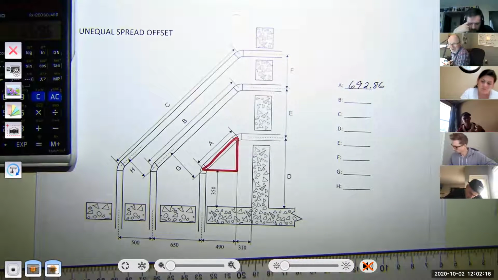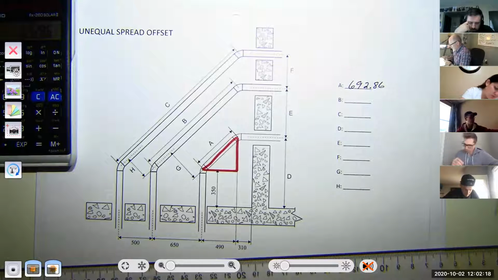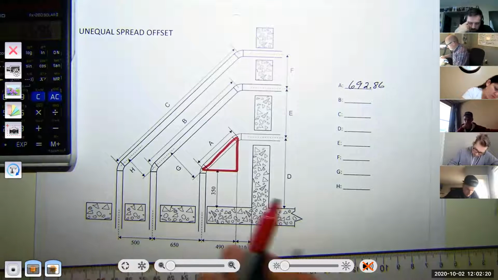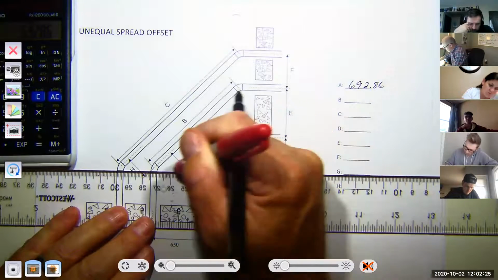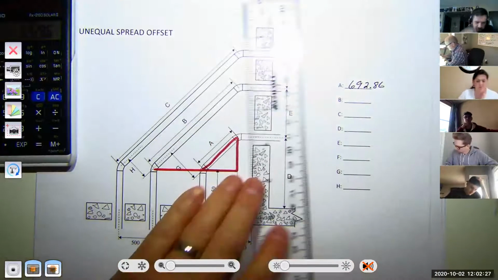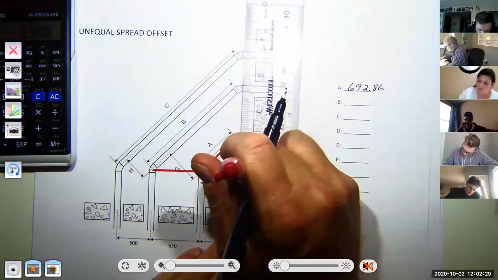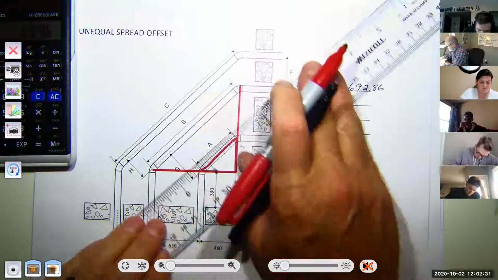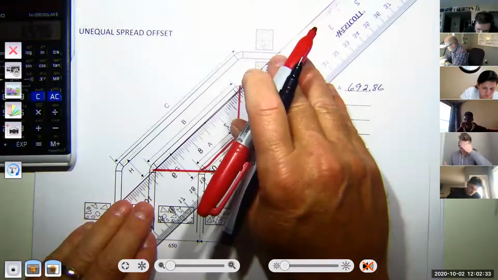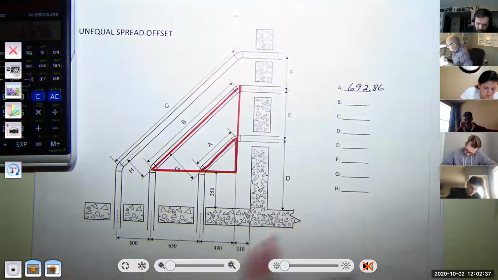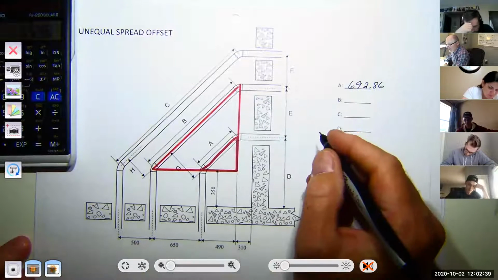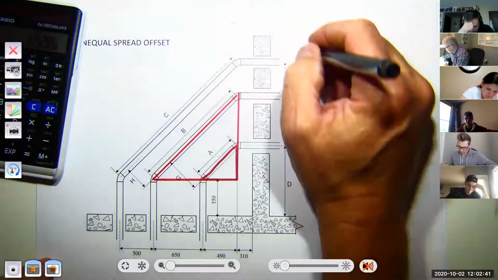And now for B, we're just literally going to increase that right angle triangle, make it a little bigger. And then B, I'll just put something up here.